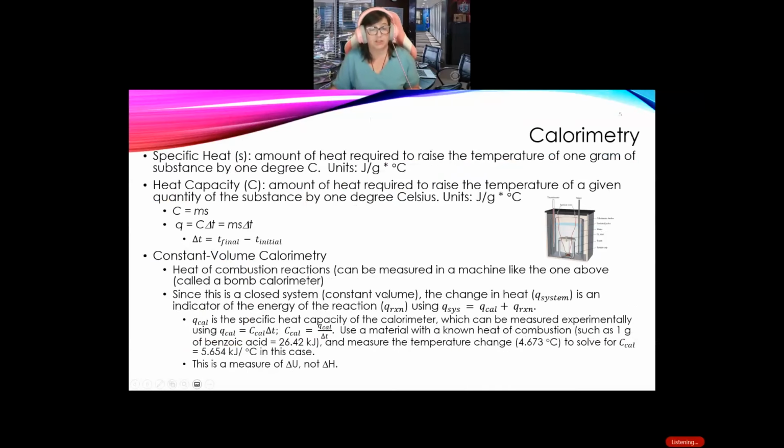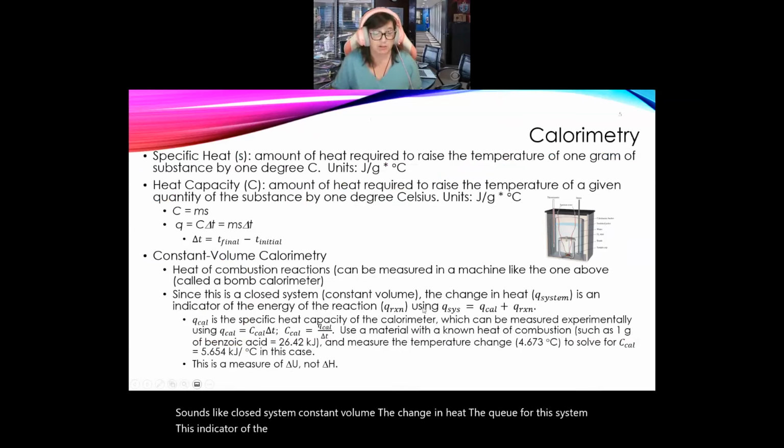constant volume, the change in heat, the Q for the system, is an indicator of the energy of the reaction, Q reaction. Using Q system equals the Q for the calorimeter plus the Q for the reaction.